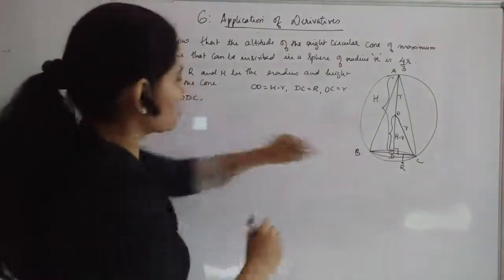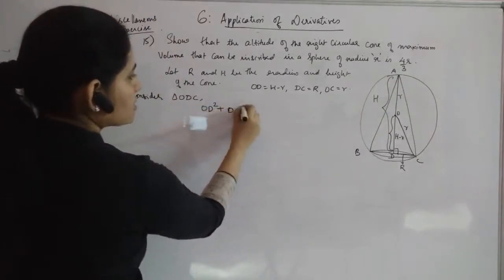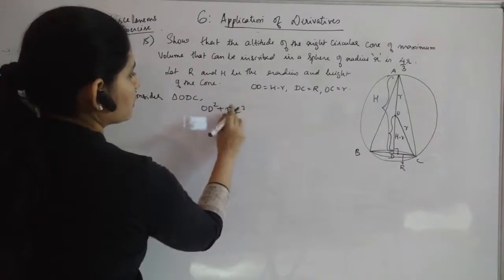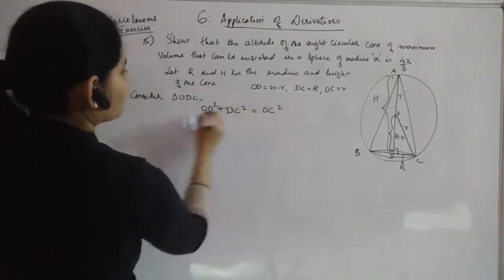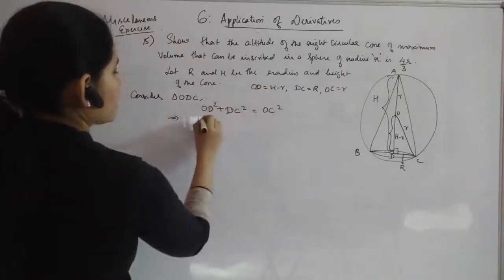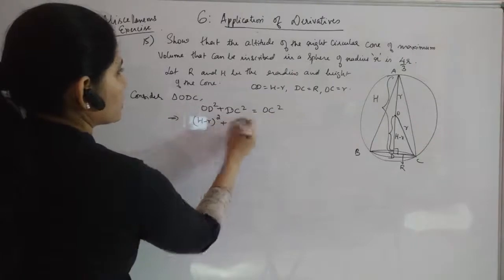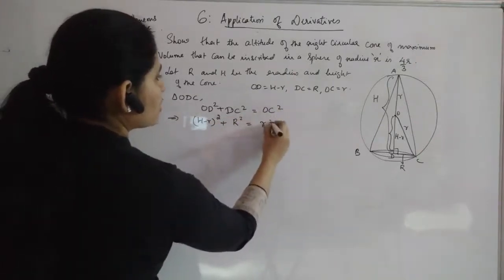For Pythagoras theorem, what you will get? OD square plus DC square is equal to OC square. Replacing the values, OD is H minus r the whole square plus DC is R square is equal to OC, which is small r square.